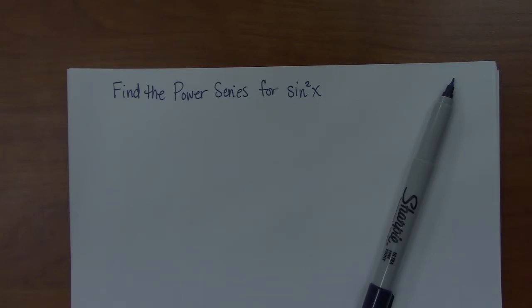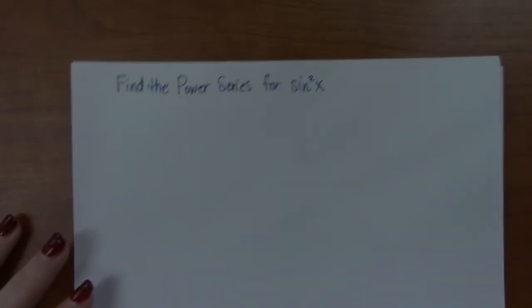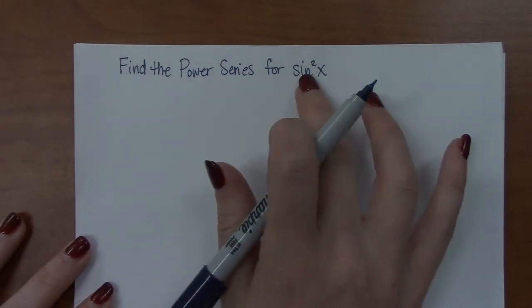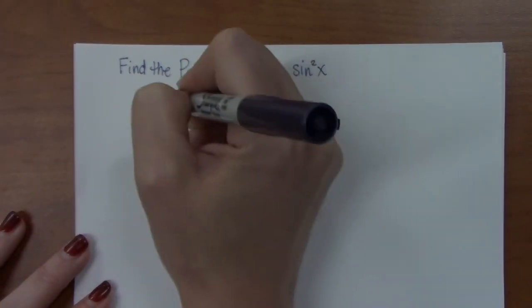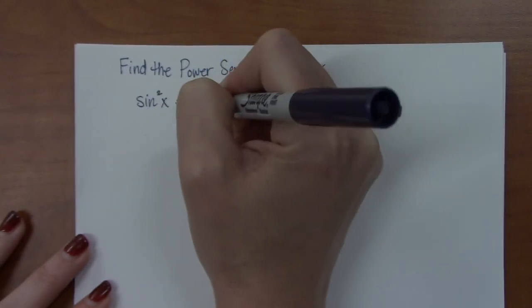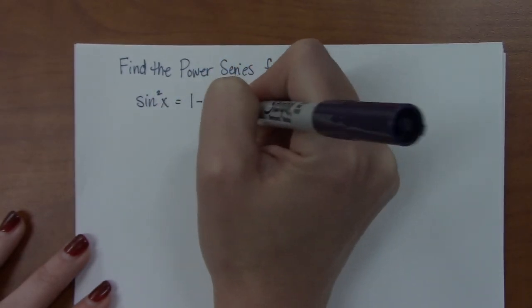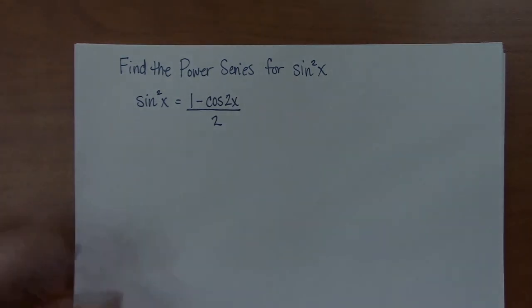So there is a trig identity that you can use to make this something more palatable. So what we do for sine squared is, if we were integrating it, we would make that substitution, because I can integrate cosine of 2x easily, because I've reduced the power down to 1.